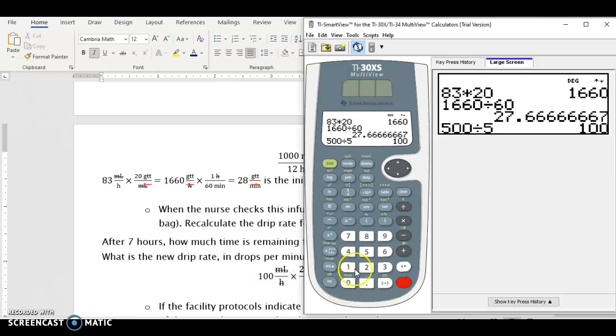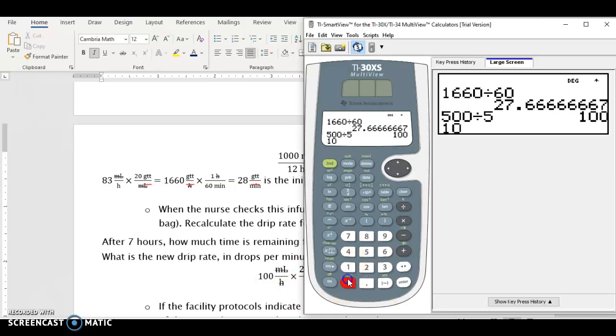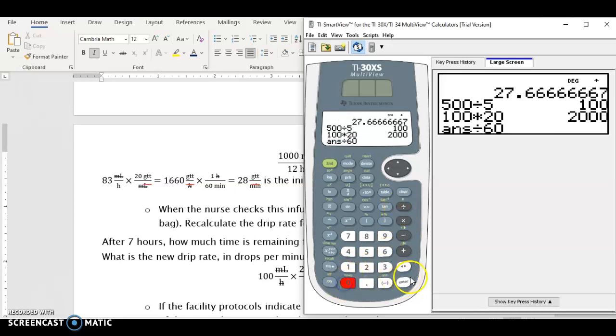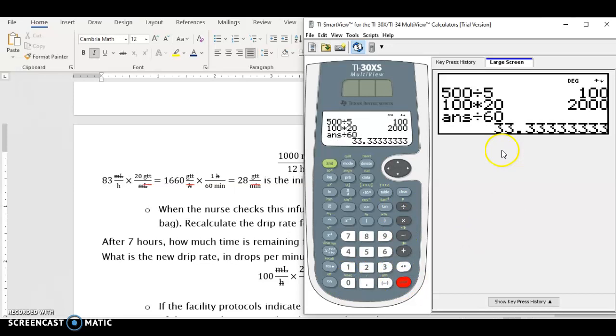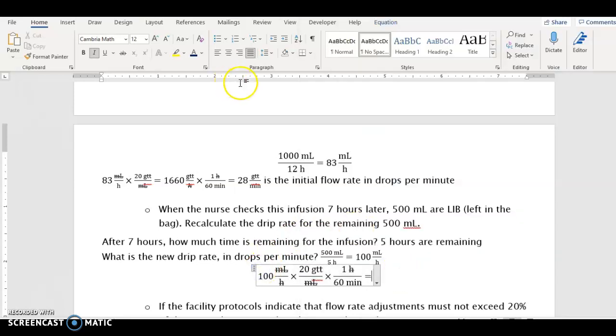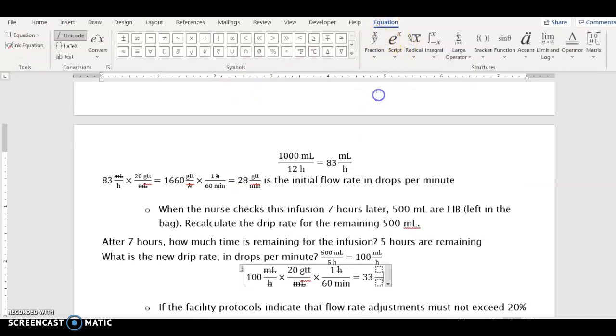So 100 times 20 is equal to 2,000, and we divide that by 60. We round that to the nearest whole number, so 33 drops per minute is our new drip rate.